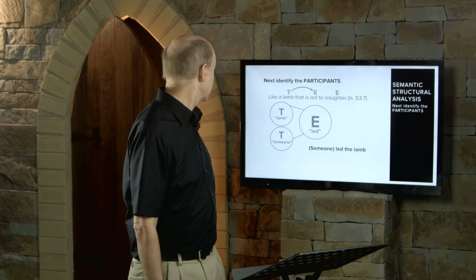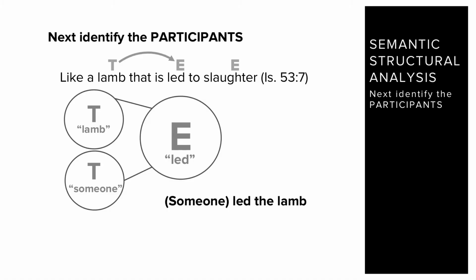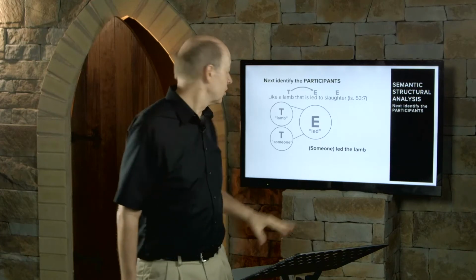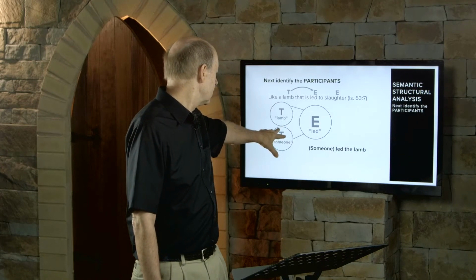With this first example, the illustration below shows that the event, led, is central, and there are two thing concepts attached to it. One is explicit, the lamb, like a lamb that is led to the slaughter. We don't know who led the lamb, but clearly somebody led the lamb. So we can put that in parentheses.